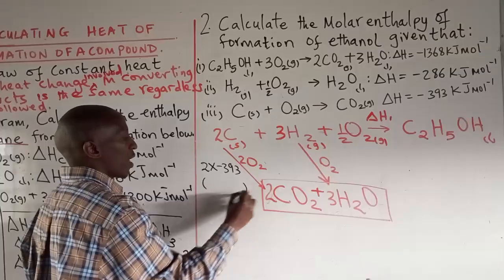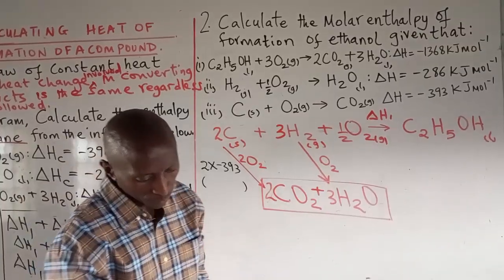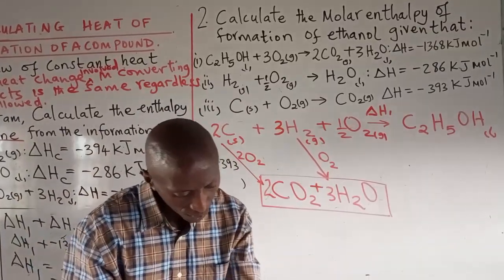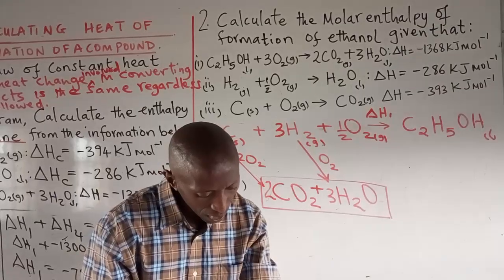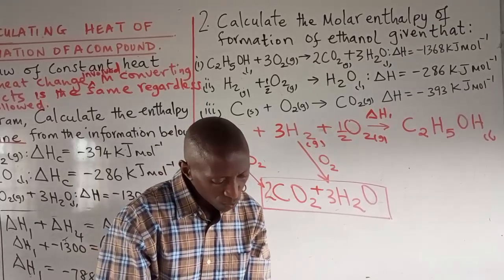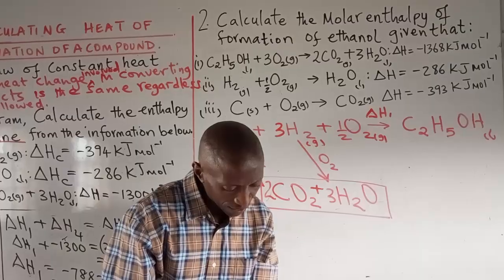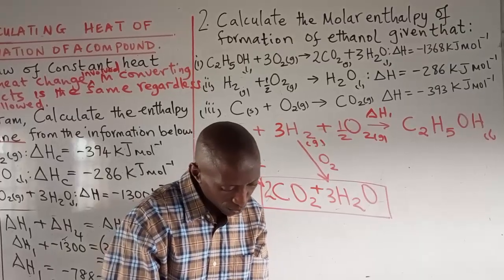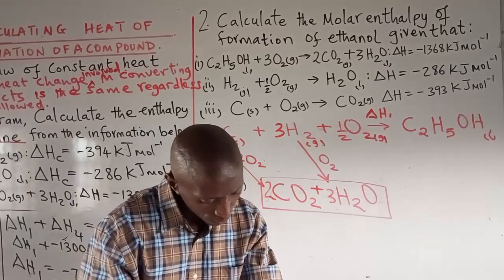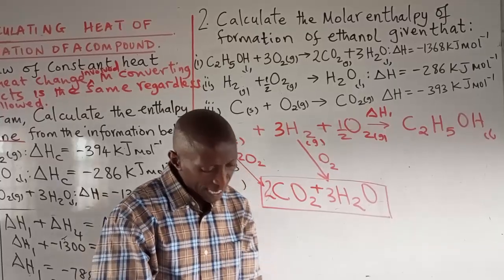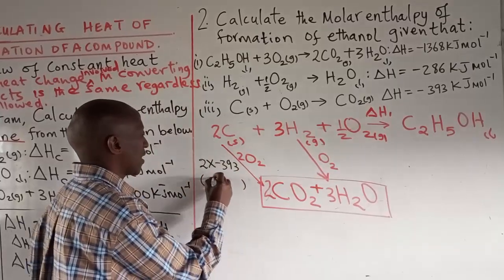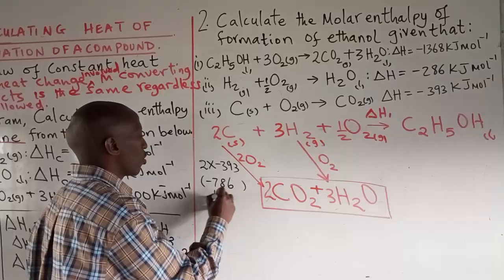And we shall need to work out what that one is. So let us do it together. On your calculator, key in 2 times negative 393, and that should give us what value? Negative 786, negative 786 kilojoules.